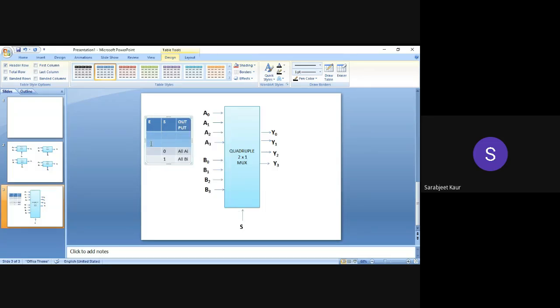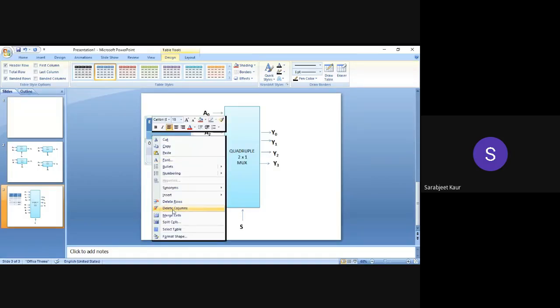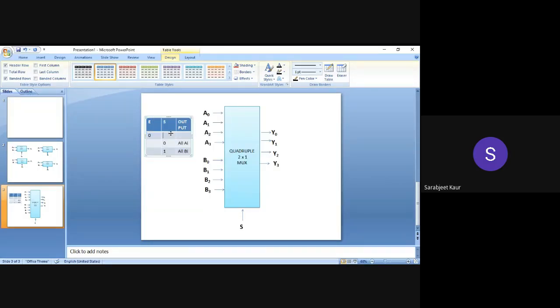Now, if this power switch is off, that means if this enable input is 0, then nothing happens in the circuit. Only when the value of E is 1, then the circuit will work.